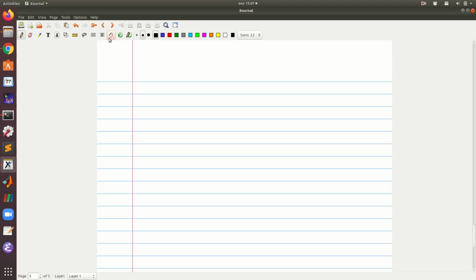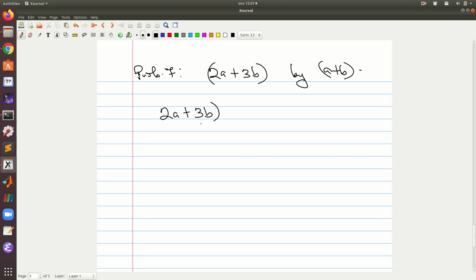Then another thing of interest on that page, page 38, is when we talk about multiplying. We would like now to see how to multiply. We have problem 7, which says that we would like to multiply 2a plus 3b by a plus b. We are just going to use our knowledge of the distributive property, which we already saw.